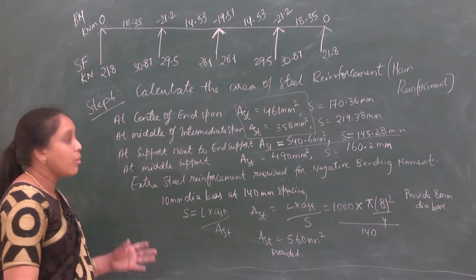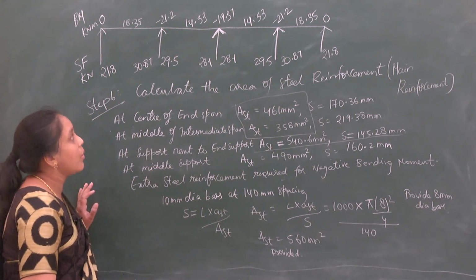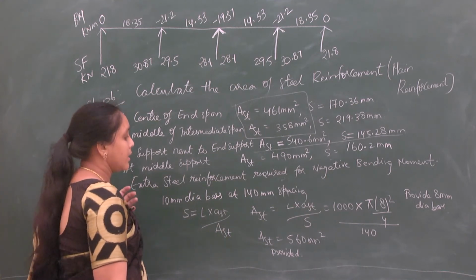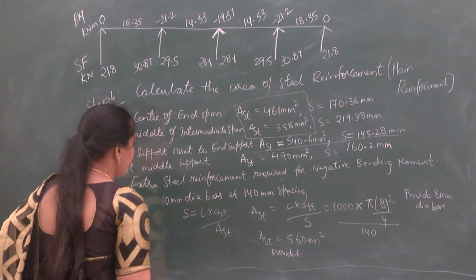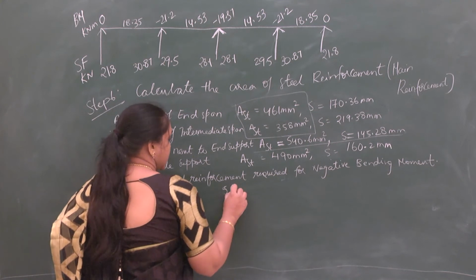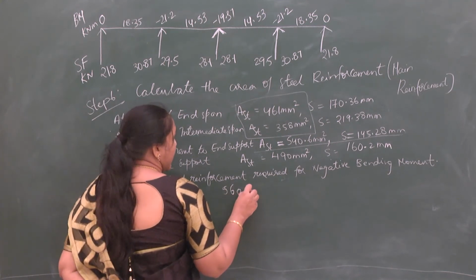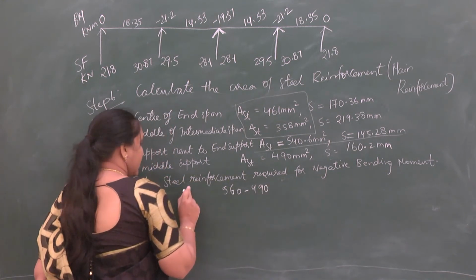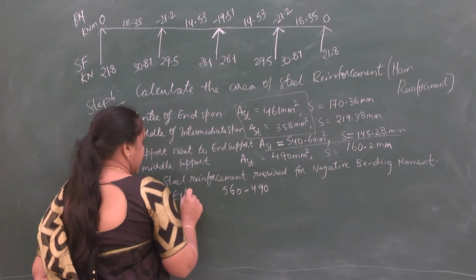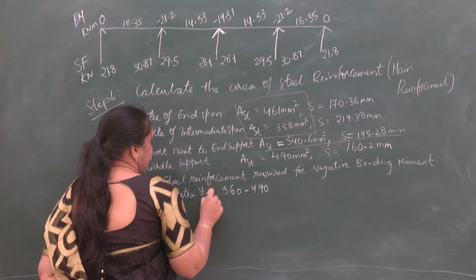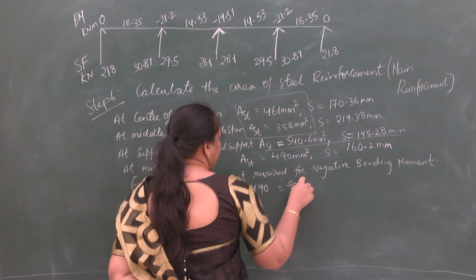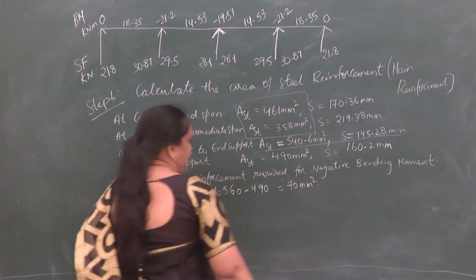mm square. So what is the extra steel we have to provide at the supports? The extra steel which has to be provided at the supports will be 560 minus 490 mm square. Then we will get the extra steel reinforcement, which is 70 mm square.